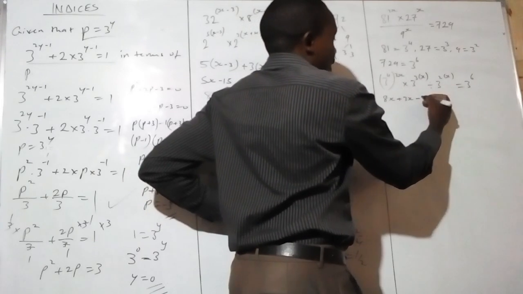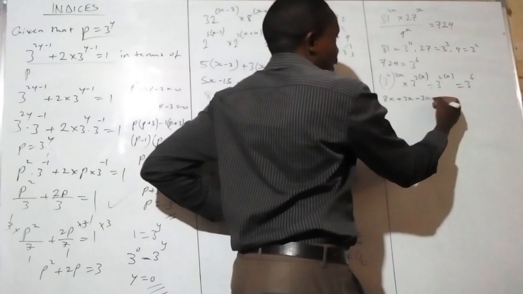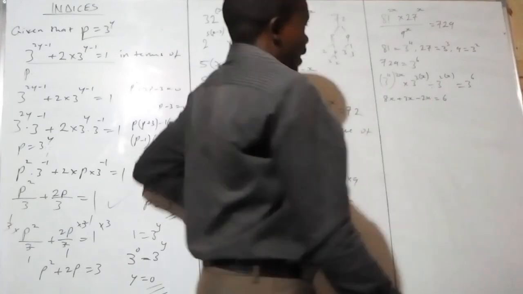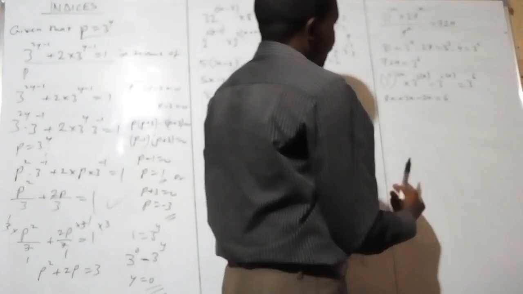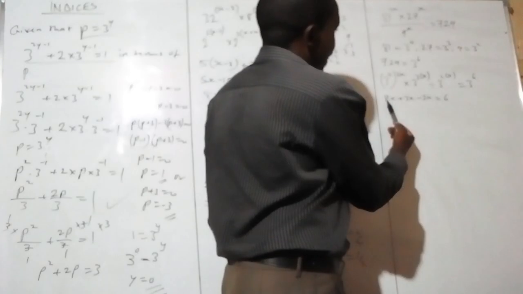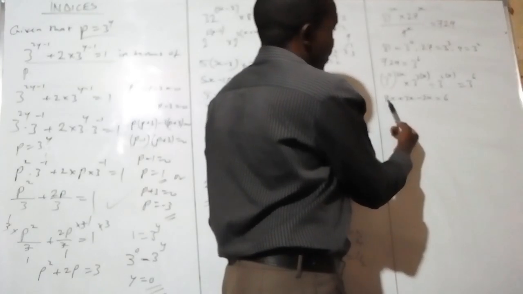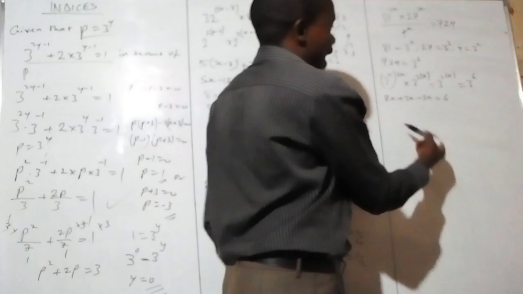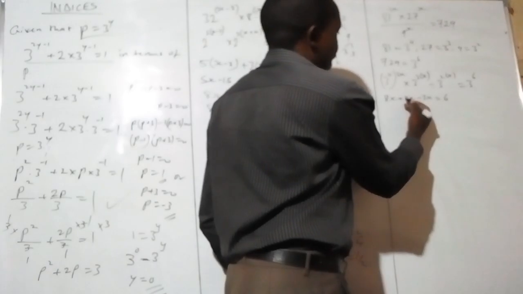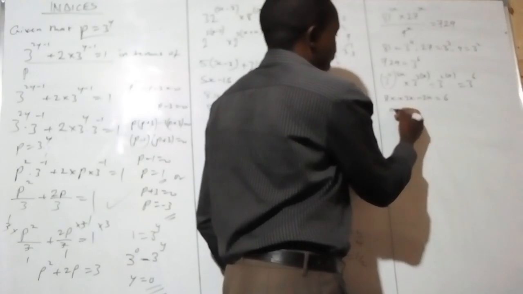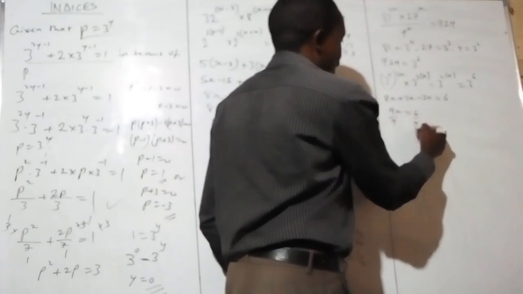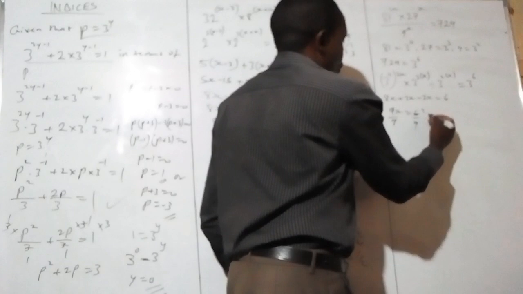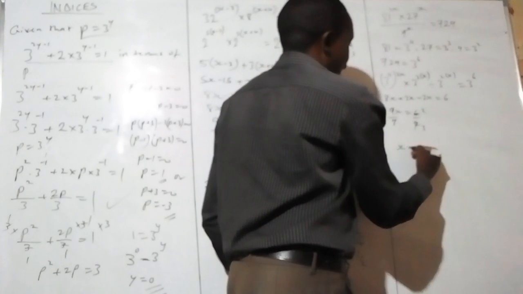Then 8 plus 3 is 11, minus 2, 9x is equals to 6, divide by 9, divide by 9, by 3, 2, by 3, 3, and x is equals to 2 over 3. Simple as that.